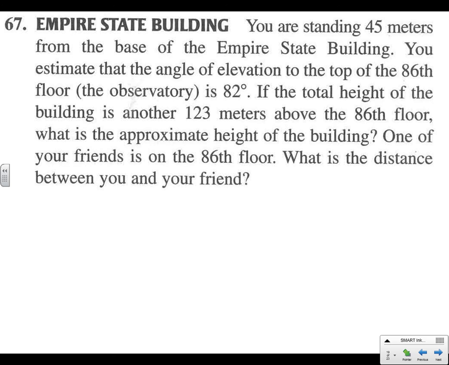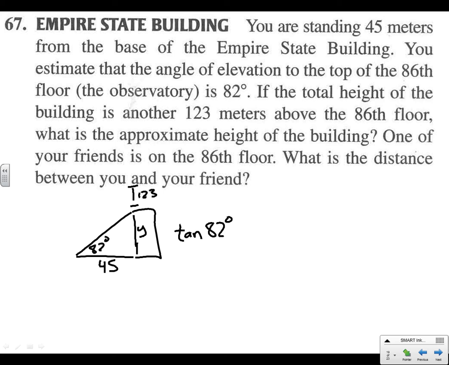Alright, let's take a look at the one for you to try. Read this problem, try it, and unpause when you're ready to see a solution. The distance away is 45 meters. You've got an angle of elevation of 82 degrees. The extra height is 123 meters. And so we want to find y. So we'll say the tangent of 82 degrees is the opposite over adjacent.